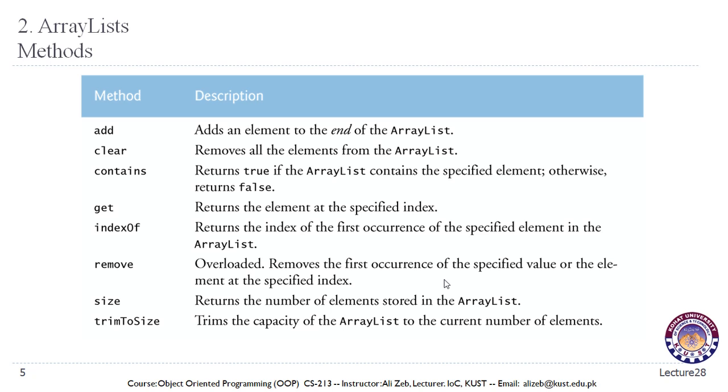A remove method is overloaded and removes the first occurrence of the specified value or the element at the specified index. A size method returns the number of elements stored in the ArrayList, and a trimToSize method trims the capacity of the ArrayList to the current number of elements.